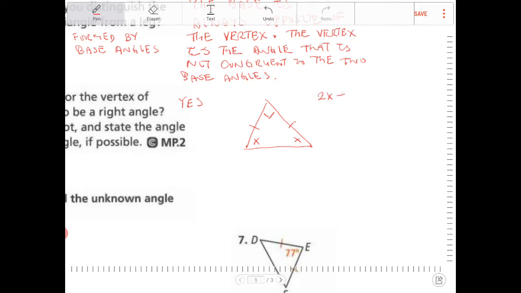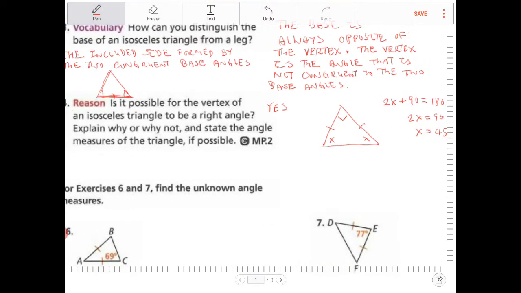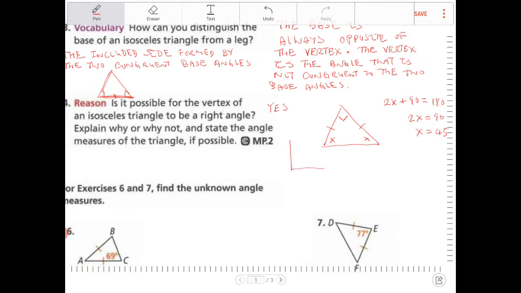So I can have 2x plus 90 is equal to 180. Subtract 90 from both sides, I get 90. Divide by 2, I get x is equal to 45. Therefore, an isosceles right triangle will always have angles of 45, 45, 90. Always.